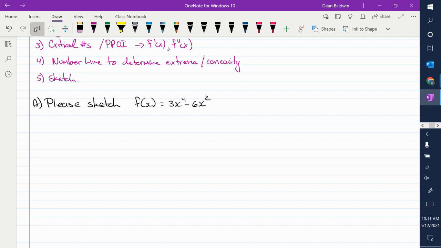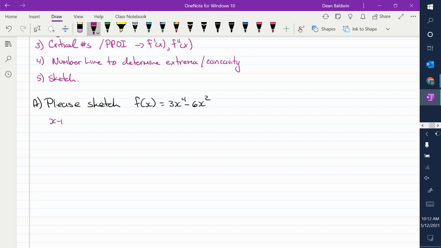Okay. All right. So we're sketching this polynomial. First step. Let's just find our x, y intercepts. There's no calculus involved in that. Okay. Does anybody remember how to find x, y intercepts? You just put in x is equal to 0, find the y-intercept, and y is equal to 0 to find the x-intercept.